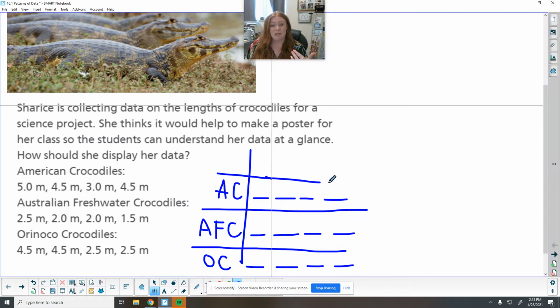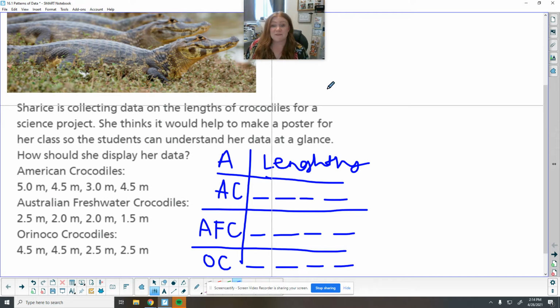And it's important that they go in order, right? This is the alligator, this is their lengths. So it's important that we put these in order so that we're starting on the left, which in my video is this way, and then working our way over till we get to the end and the biggest one. Another way we could do it is to draw a bar chart for each type.